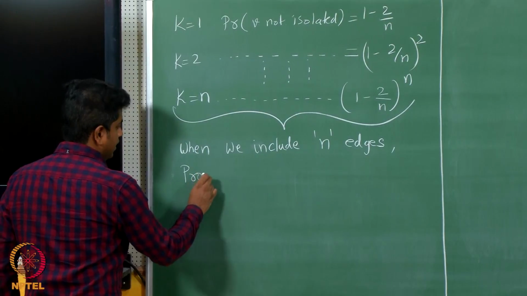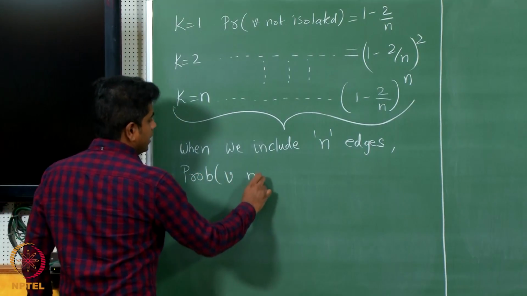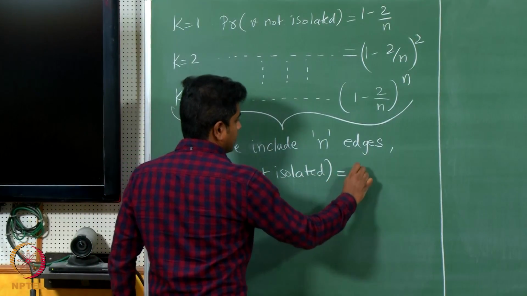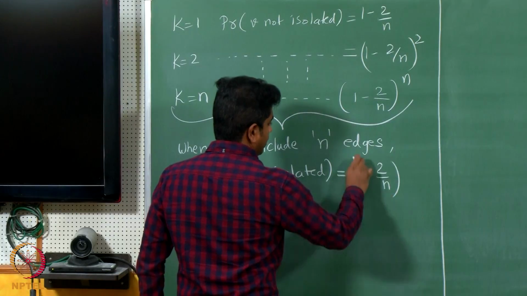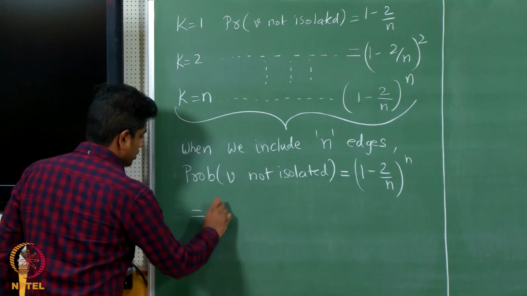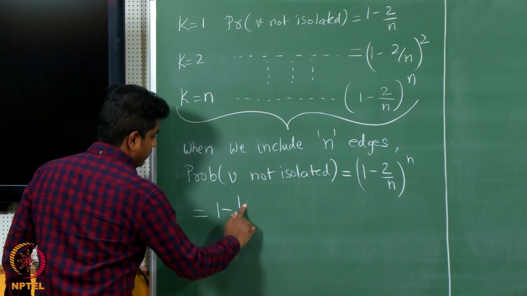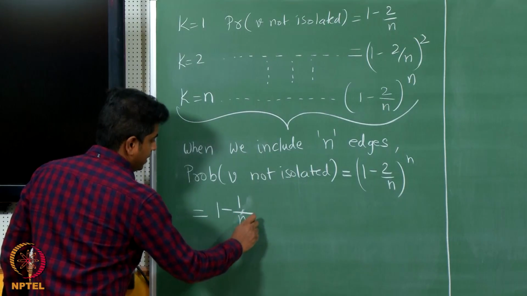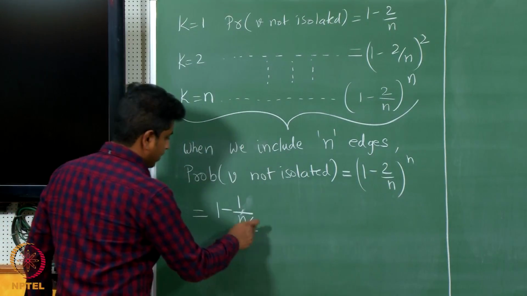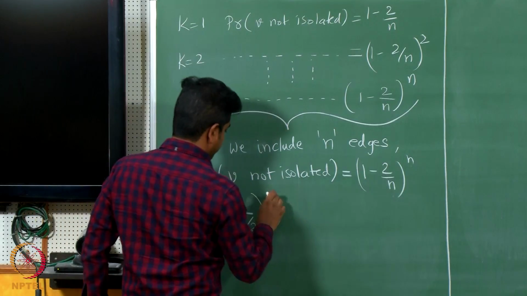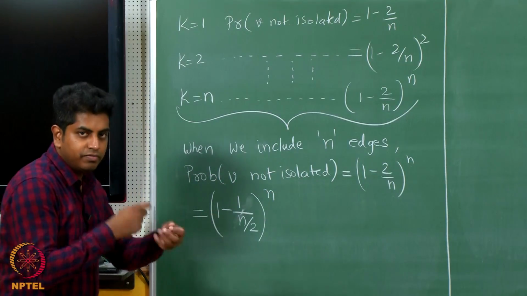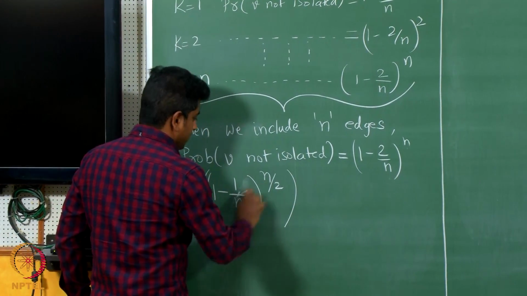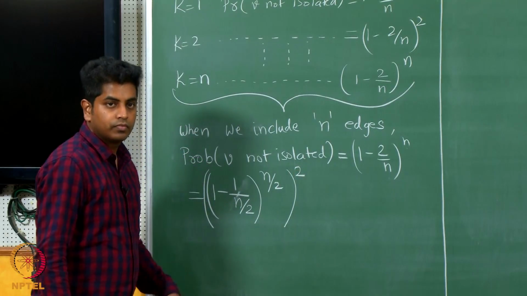the probability of V not being isolated is (1 - 2/n)^n, which is (1 - 1/(n/2))^n. The 2 goes down and becomes n by 2. I will do a small fine tuning here. I divide this by 2 and multiply it by 2, okay.